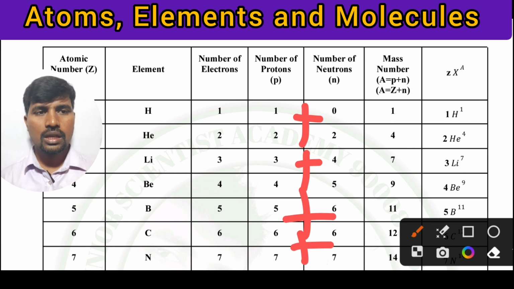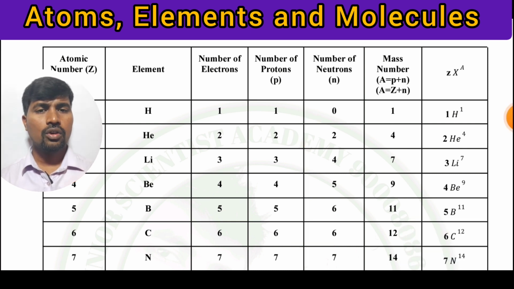Okay, the mass number is nothing but the sum of protons and neutrons.